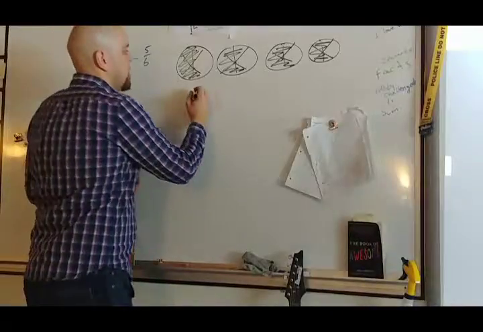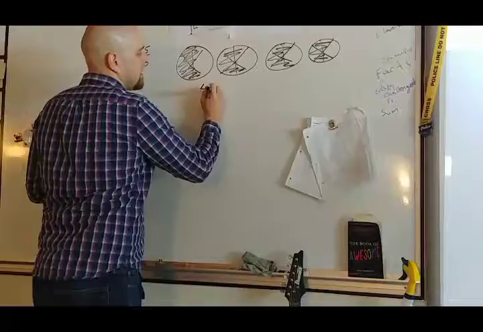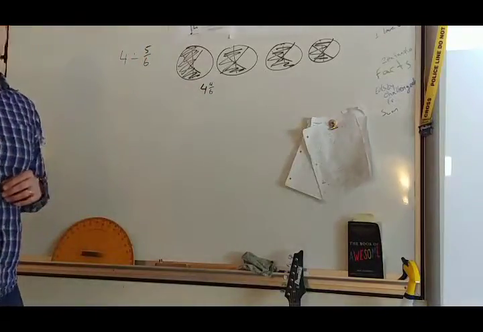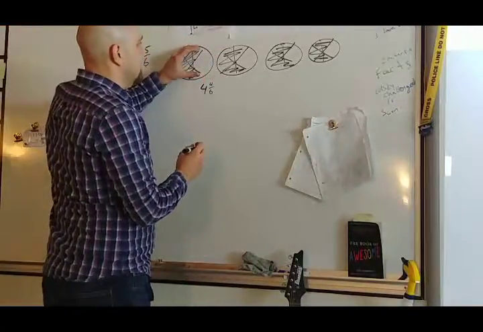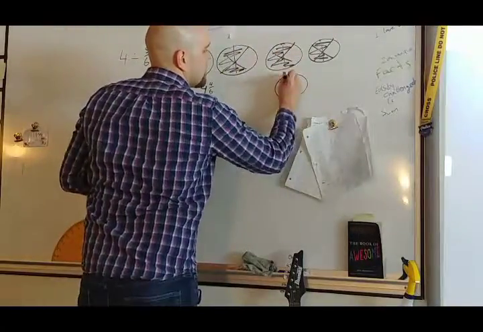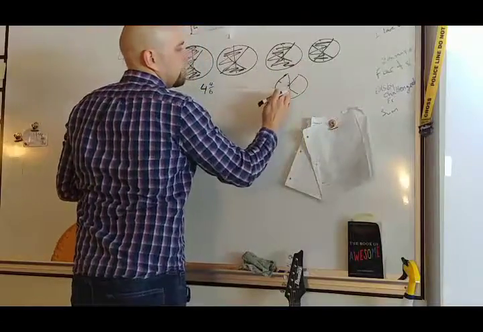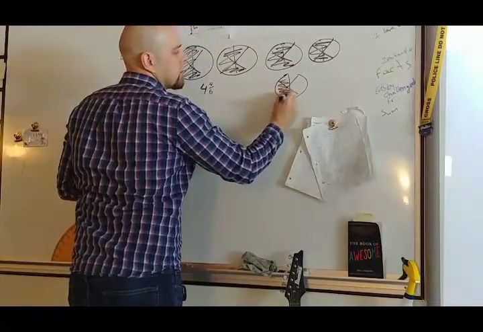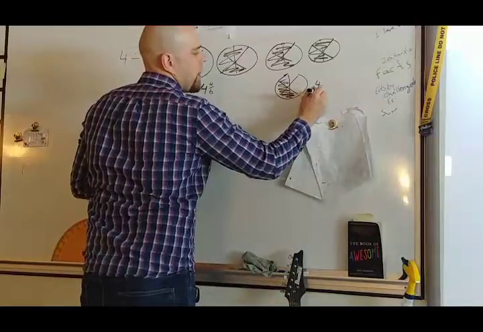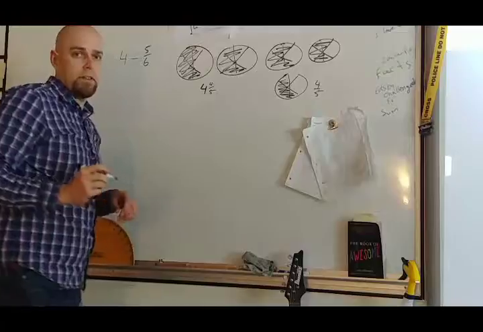Well, this is where he's probably going to say, well, that's 4, and then I've got 4/6 left. But it isn't 4/6. If I have pieces like this, each piece is literally 5/6. And if 4 of those are covered, 4 out of 5 of those pieces are covered. Your answer is 4 and 5/6.